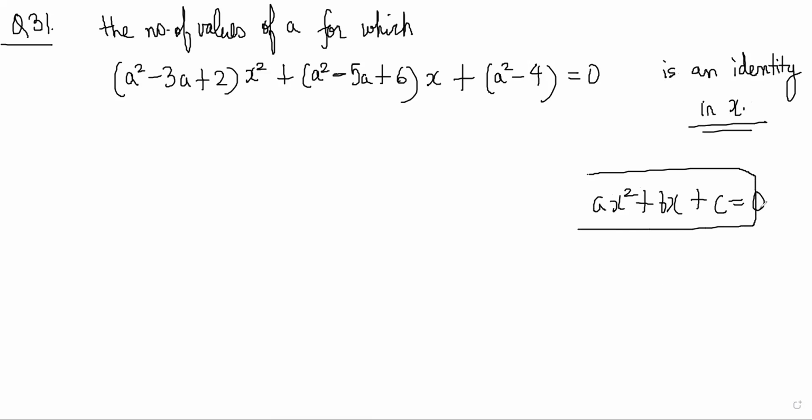So think about the condition in which this quadratic will become an identity in X. It's one of those special algebraic identities, like (a - b)² and (a + b)².